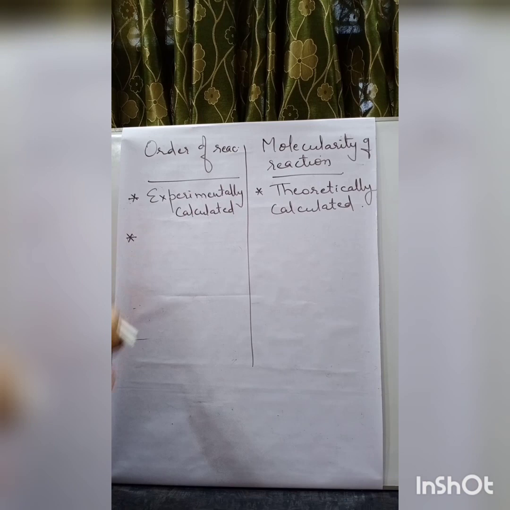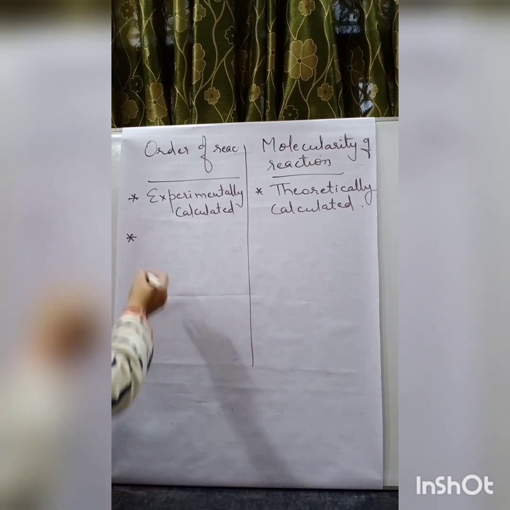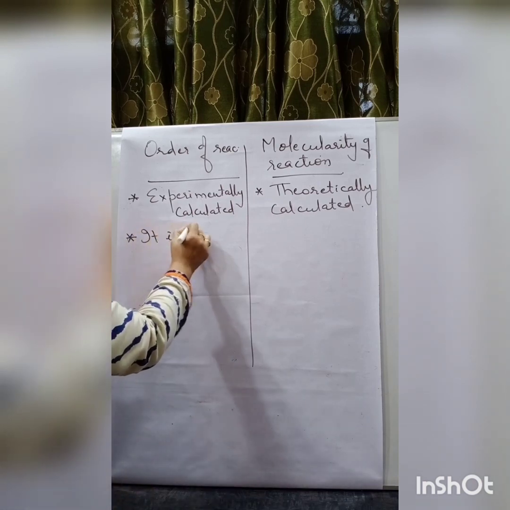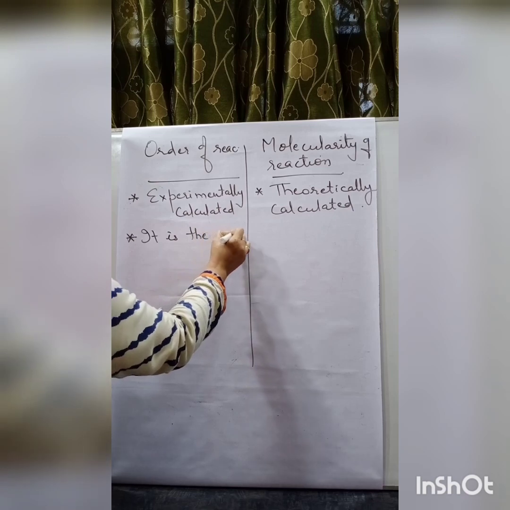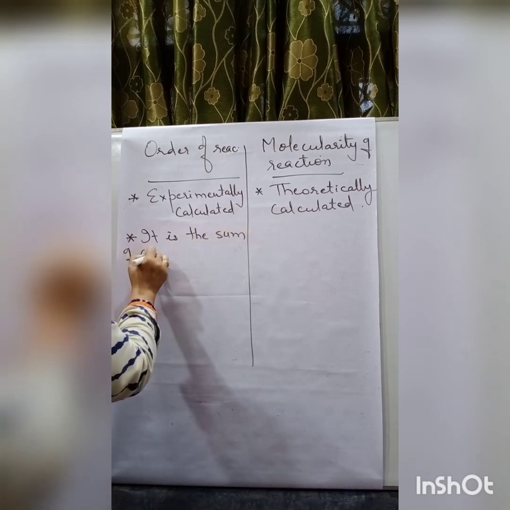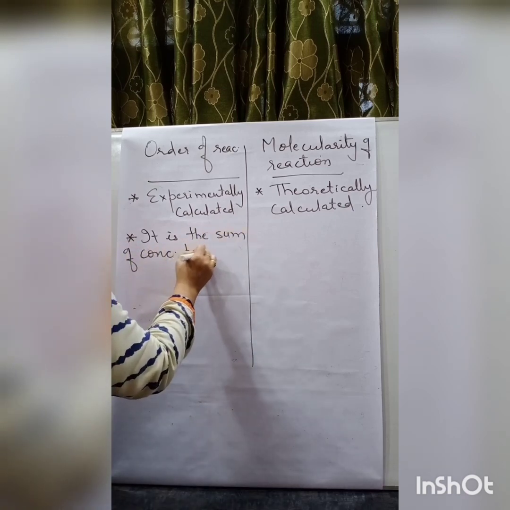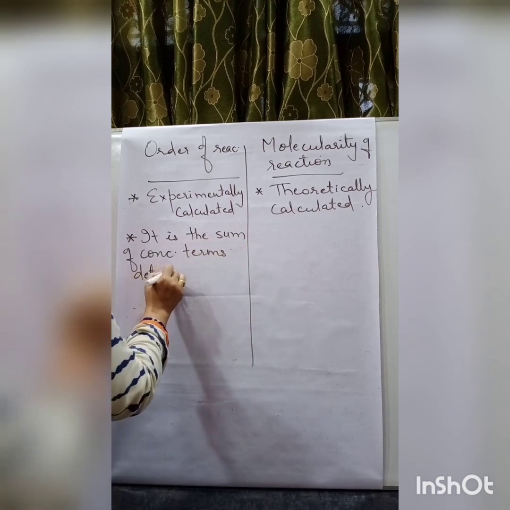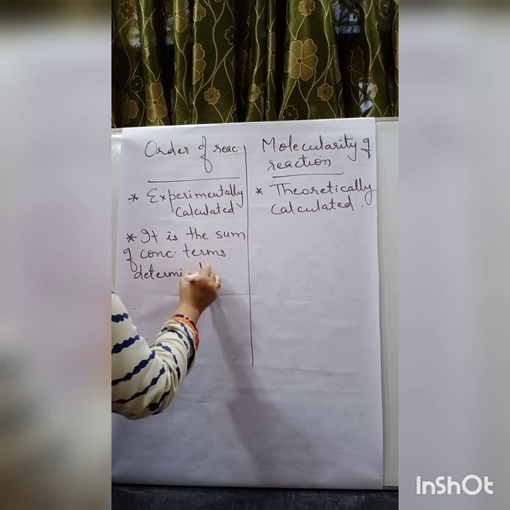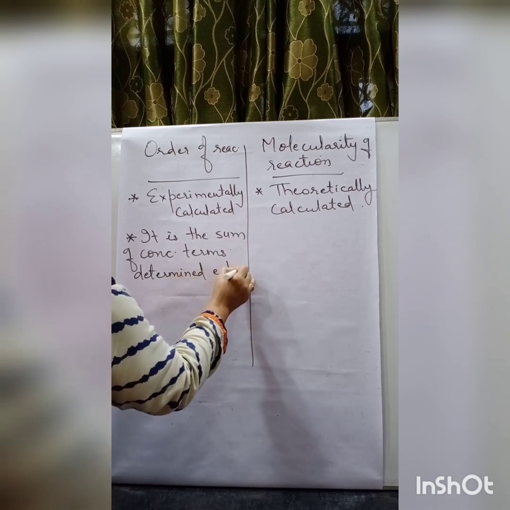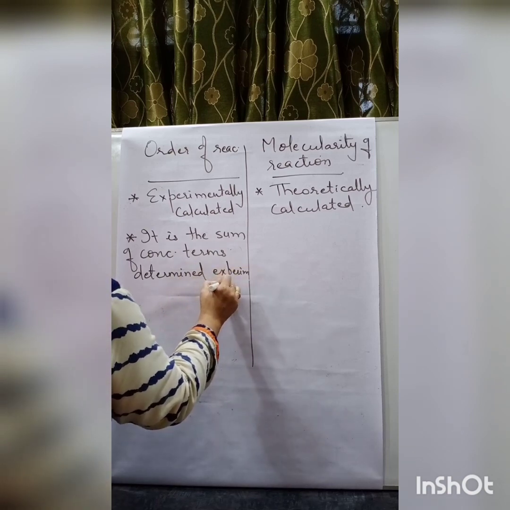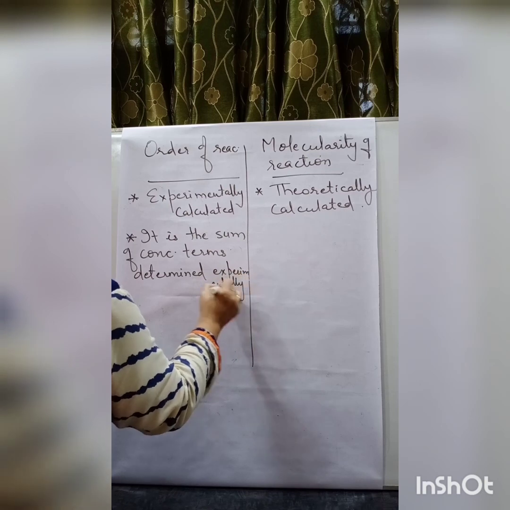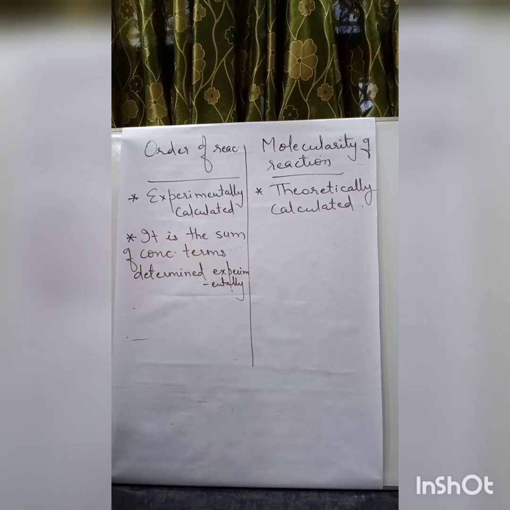How do we calculate the order of reaction? It is the sum of concentration terms determined experimentally. You are determining it experimentally and you are taking the sum of this.